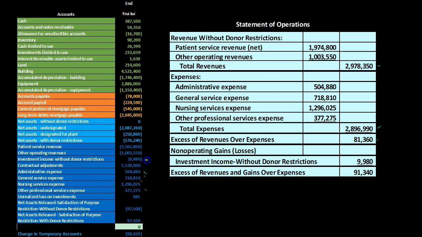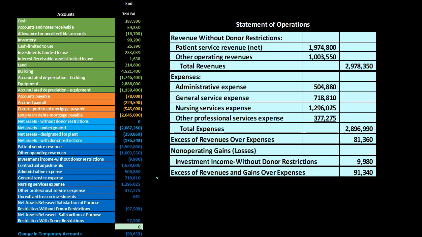So the 9,980 here increasing. Then if we add the 81,360 and the 9,980, we get to the bottom line number of the 91,340. And this is going to be called the excess of revenue and gains over expenses. So that's kind of like a net income type of number, but it's pretty descriptive, right? The excess of revenues, the revenues and gains over the expenses is the 91,340.